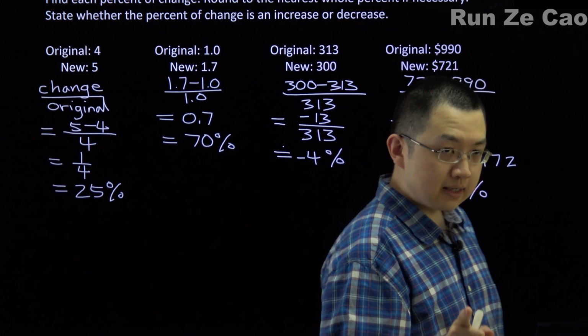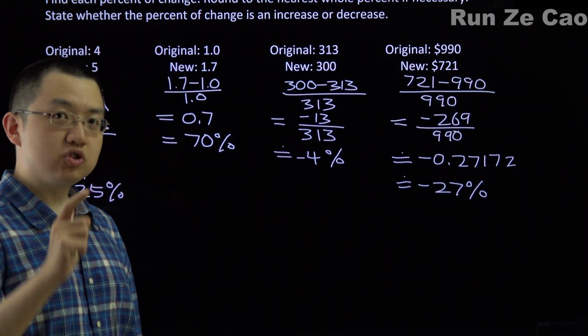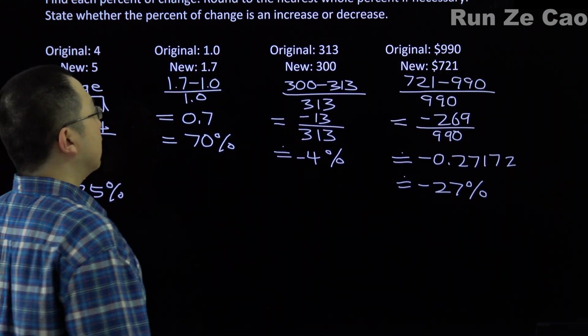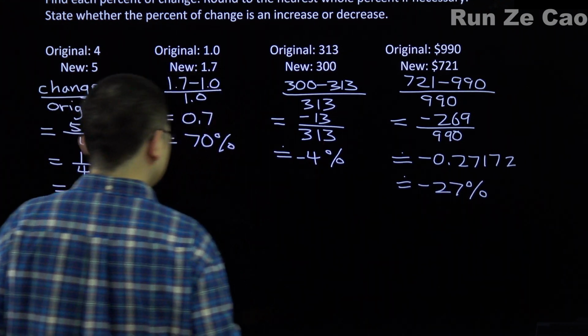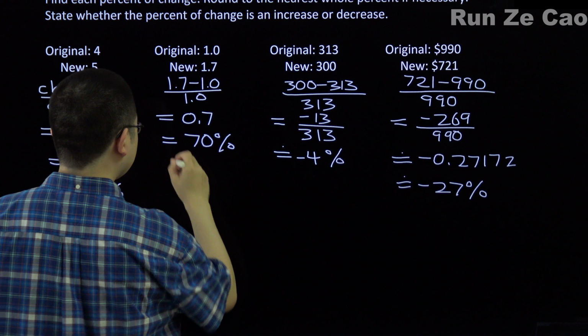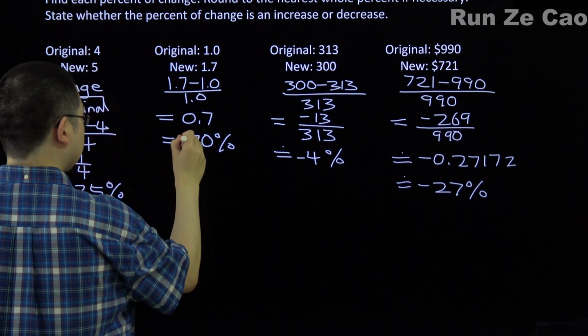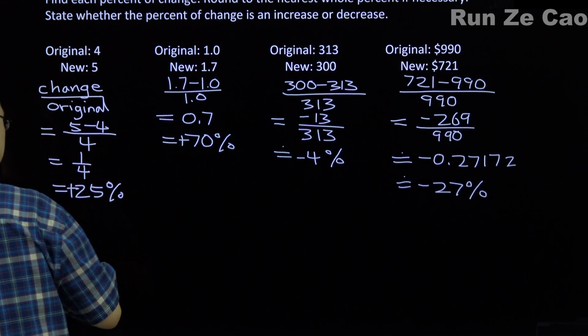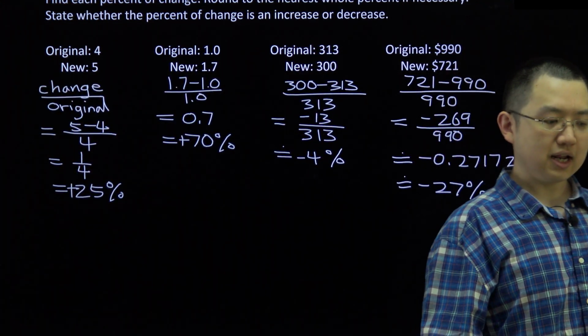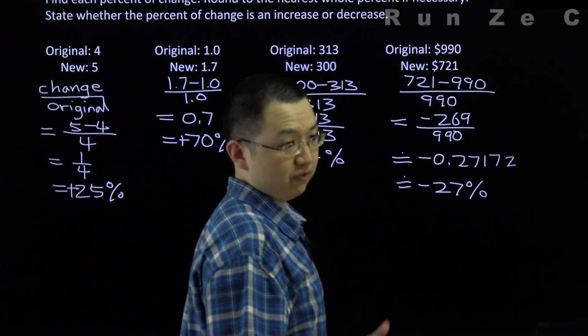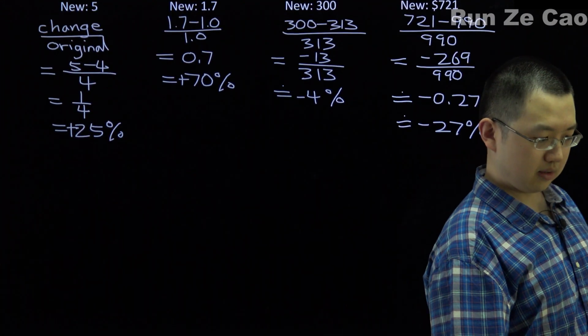Wait. What if you don't have percents of change that are negative in your question? Well, then you would have to say 70% increase, or plus 70%, plus 25%. The plus symbols are needed if you don't have any negative symbols to contrast with.